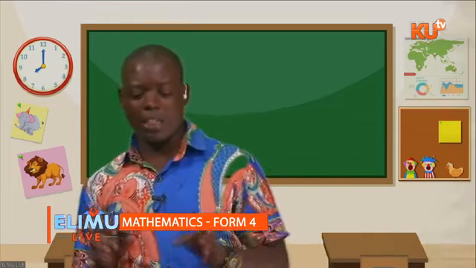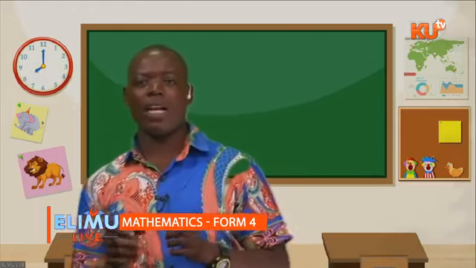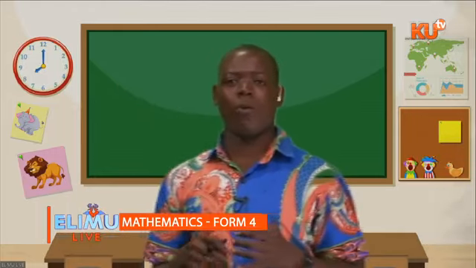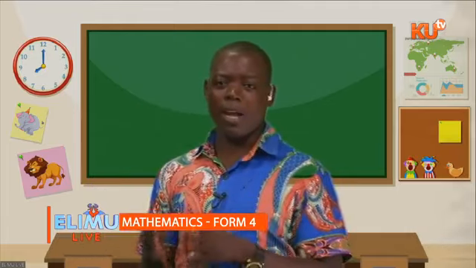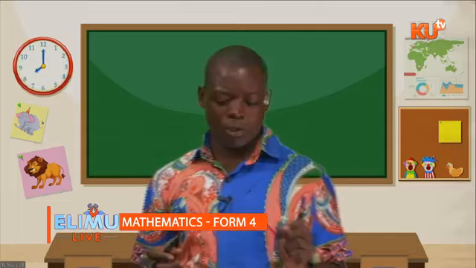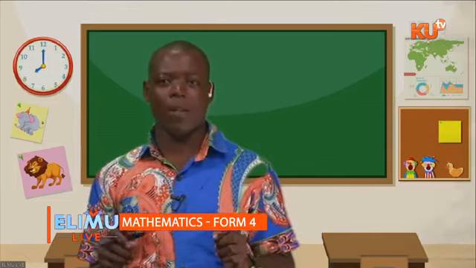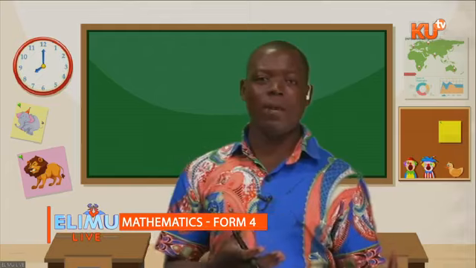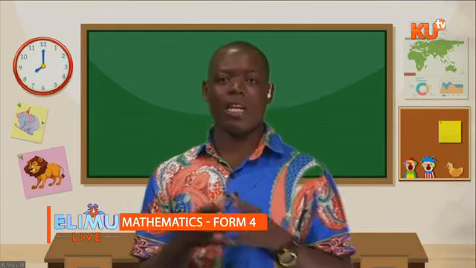So let's first of all understand, what do we need to look at in a reflection? What do we need to look at in a rotation? And so how do we define the two transformations? Now, there is what we call isometric mappings, where the image and the object have the same size and shape.